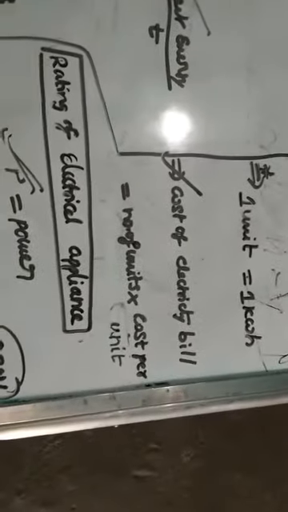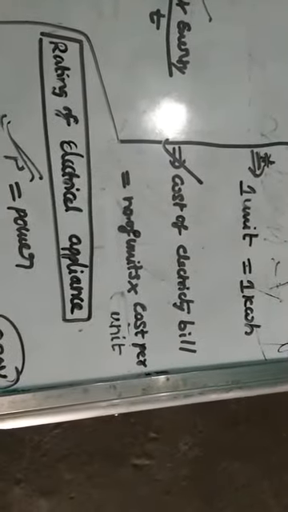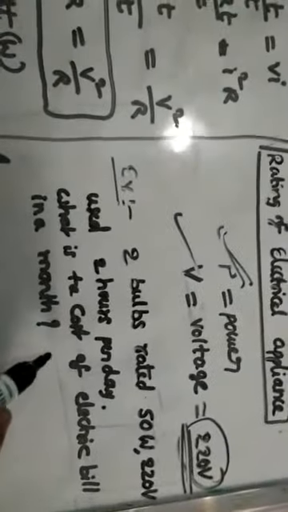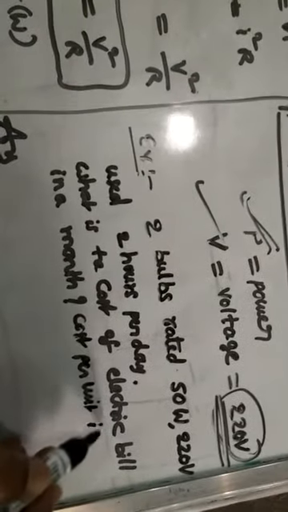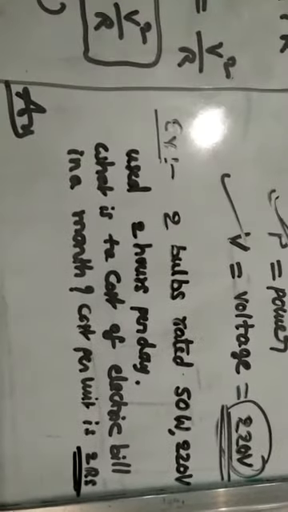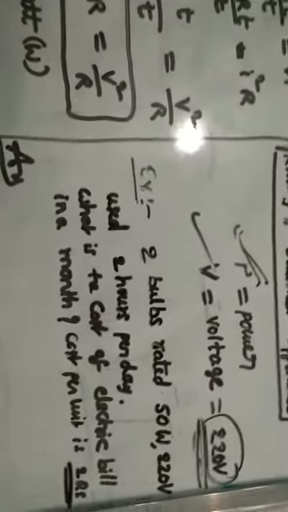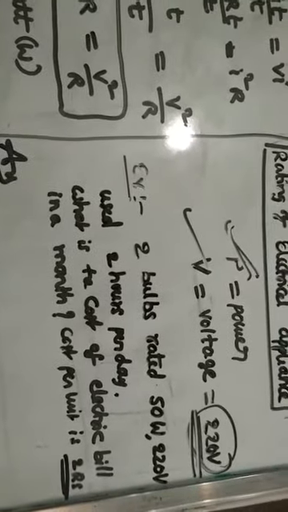I told you, cost of electric bill can be measured by using this formula: number of units multiplied with cost per unit. So here cost per unit is 2 rupees. I am giving 2 rupees here. So now see the question carefully. Number of units, how to find number of units?